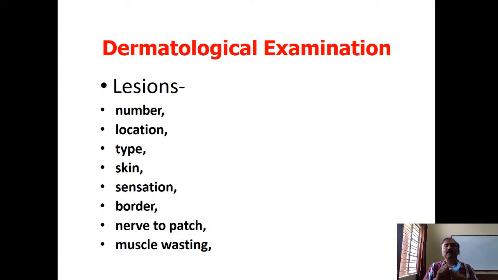Also, when you mention this particular location, you also mention the size, what is the length and the breadth. If you're talking about a single patch, you will talk about the length and breadth of the single patch. You'll tell the exact location of this particular patch.